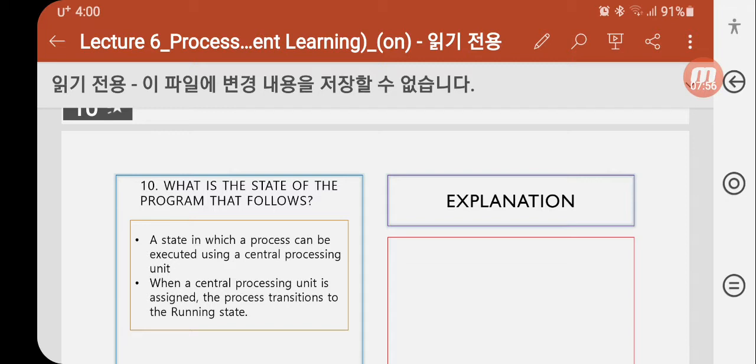A state in which a process can be executed using a central processing unit. When a central processing unit is assigned, the process transitions to the running state. The proper word is ready state.